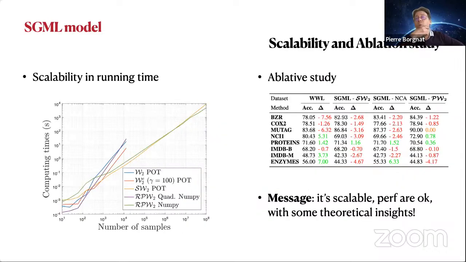But anyway, the main point of this idea of studying a scalable method is that we have a scalability which allows us to go up to a number of graphs of 2 to the power 8 with a linear scaling in log-log, whereas if you are using POT for optimal transport over a certain distance, it will increase and we are not able to scale more.